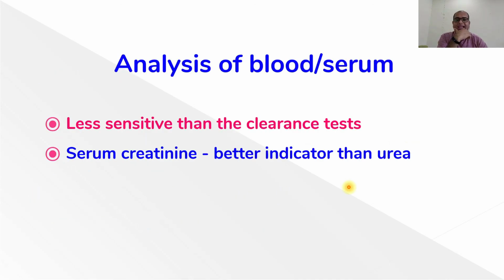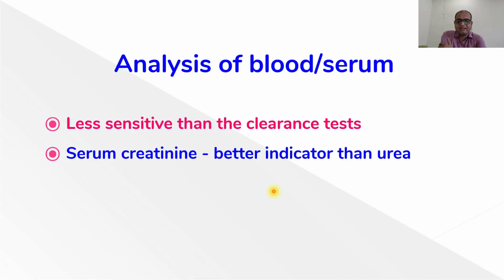Now coming to the analysis of the bloodstream, direct measurement is comparatively less sensitive than the actual clearance test. But even direct calculation of clearance still requires collection of urine from the patient, and many times it is not good compliance for the patient.